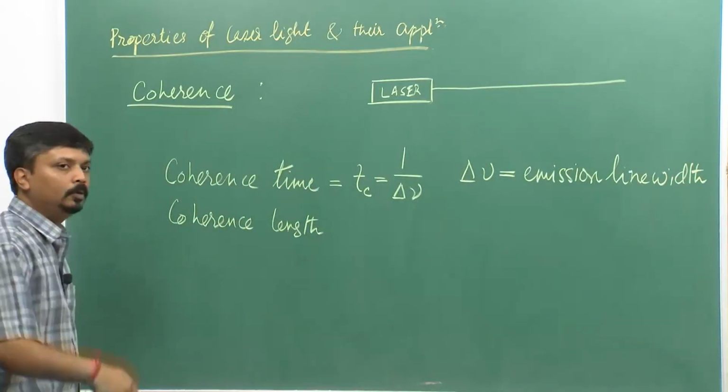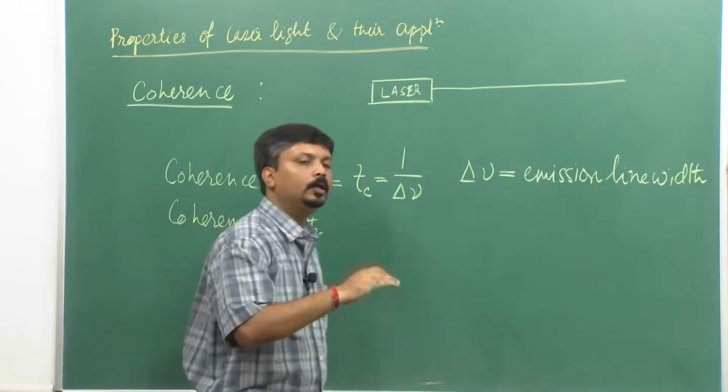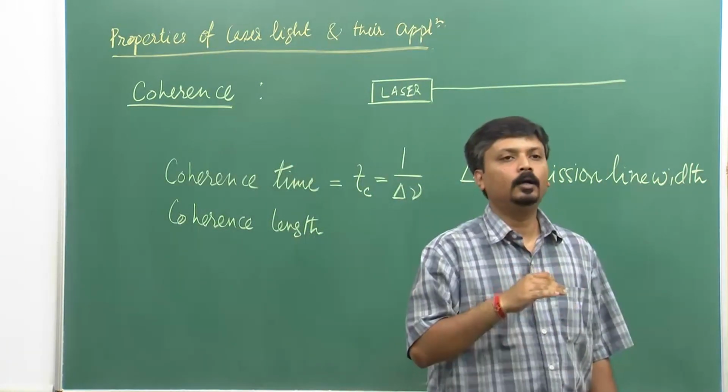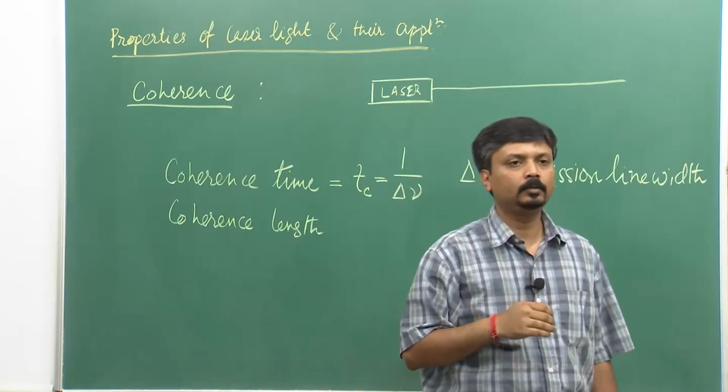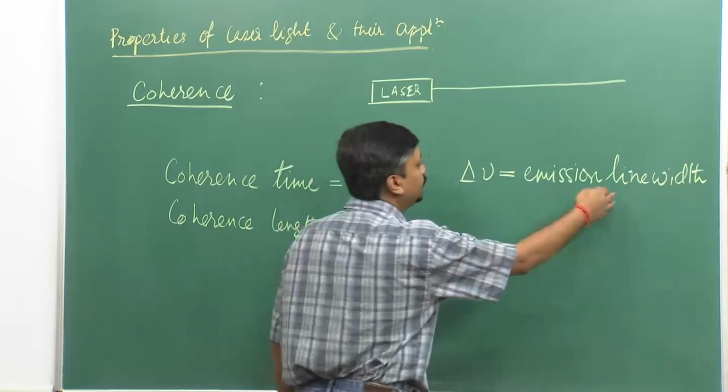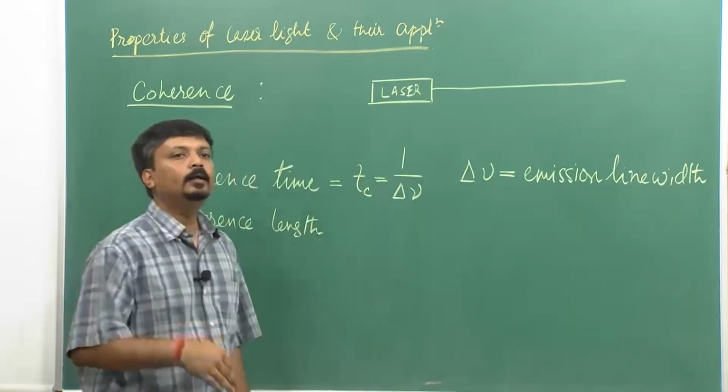So, from the upper level to the ground level or the lower level, when the transition takes place due to stimulated emission, that emission frequency will be associated with a line width.